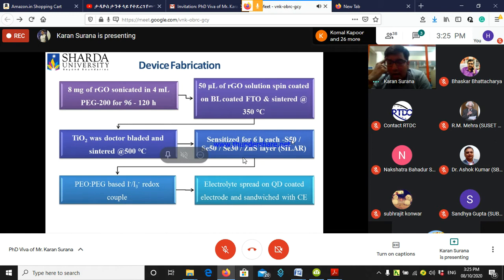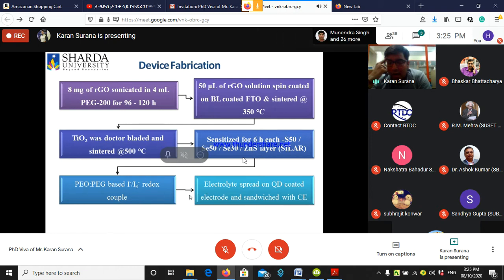After 6 hours, the electrode was taken out of the solution, washed with acetone, and dipped into the next solution of CdSe50, then CdSe30, and finally a passivation layer of ZnS was coated over it by the SILAR method.